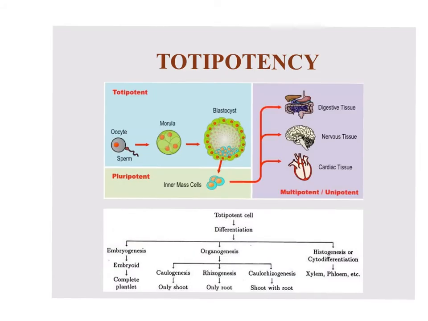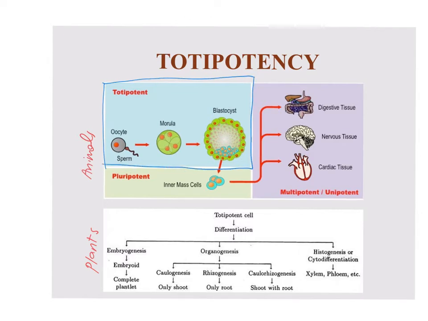So we can see here an example of cell differentiation from totipotent to pluripotent to multipotent stem cells in animals at the top and in plants at the bottom. You can see in both situations that our totipotent cells are only present at the very beginning of both of these cell differentiation diagrams.